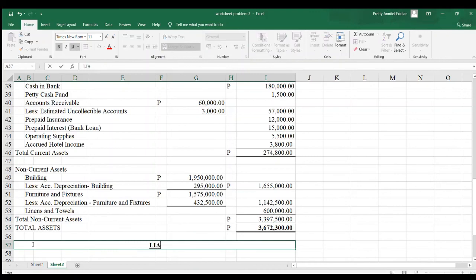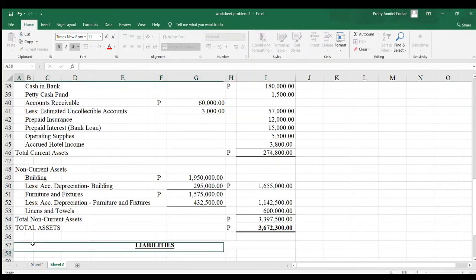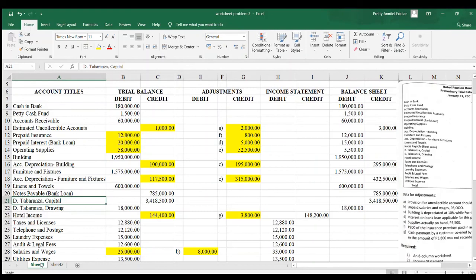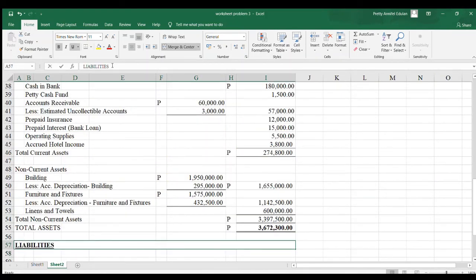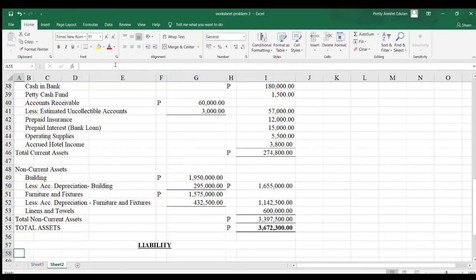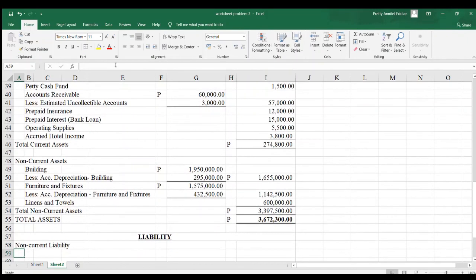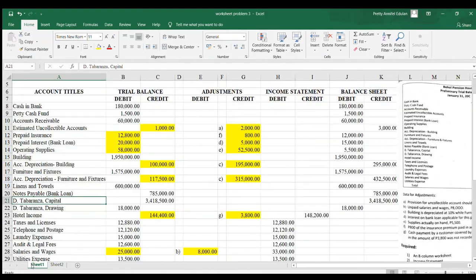Next is liabilities. Do we have more than one? No, there's only one, so it's still liability. So again, it depends on how many. Proper grammar. So notes payable for the interest. If that is a loan, that is non-current liability, because the bank loan is more than 1 year.